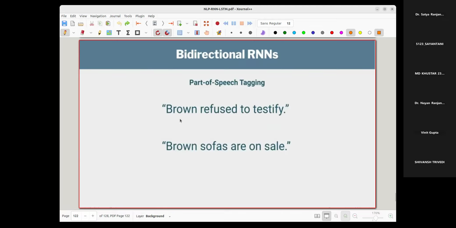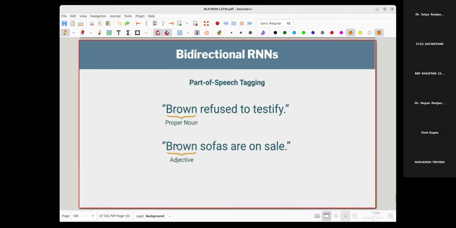Let's see. "Brown refused to testify." One sentence. "Brown sofas are on sale." So if you look carefully, in the first, Brown is a noun because Brown is the name of a person. But in "brown sofa", brown is an adjective. If you do not know the three or four words after brown, you cannot correctly classify whether it is a noun or an adjective.